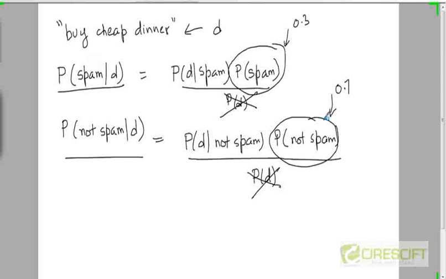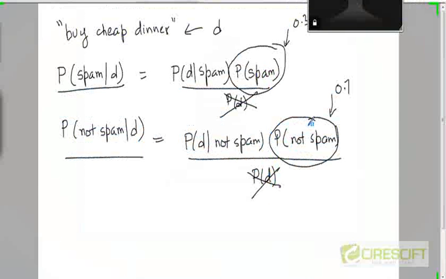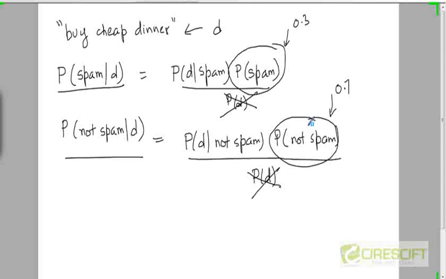The not spam class tends to be more frequent than the spam class. So among these two terms, you can see that this one is larger, and that's reasonable because we have to take into account the prior probabilities of documents coming from different classes. But we also have to take into account, given a particular document in a particular class, the probability of seeing these exact terms that we see in the test document. That is also important.